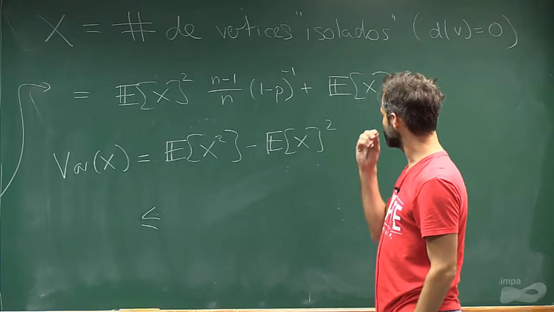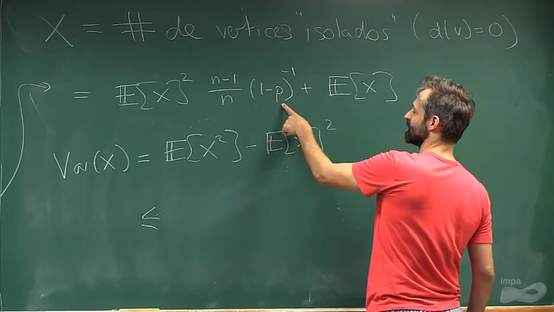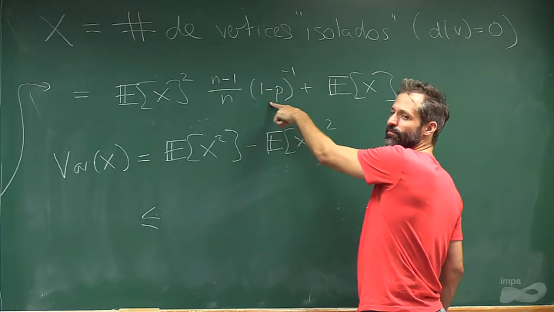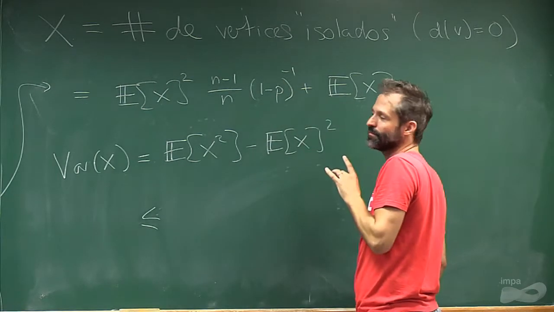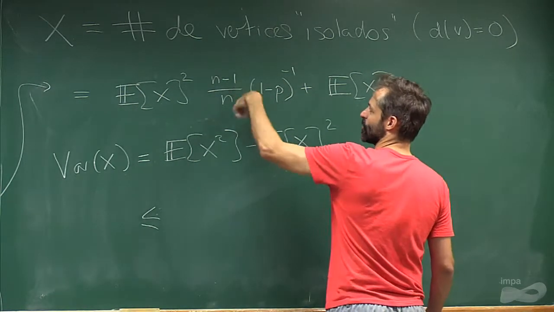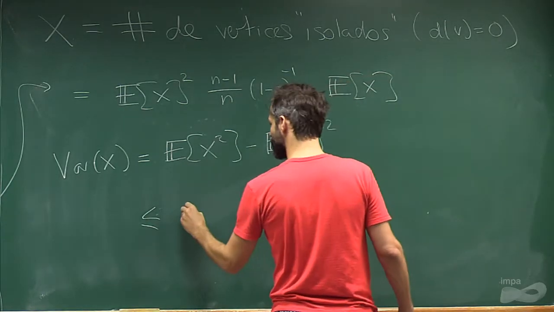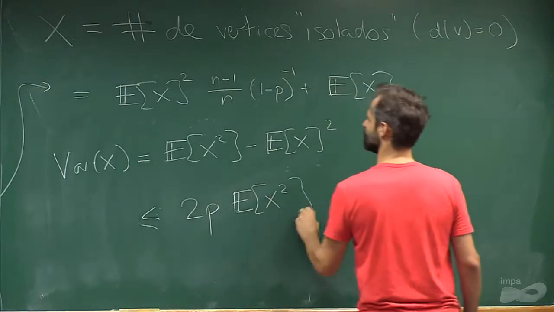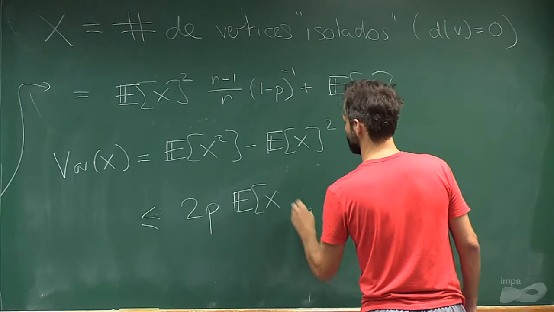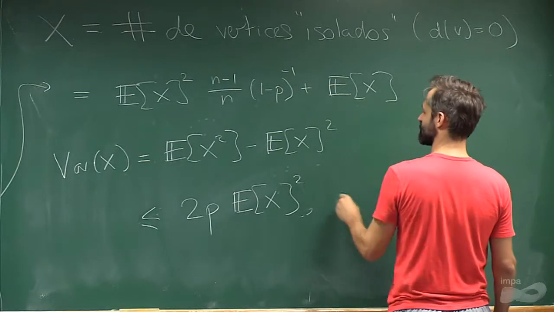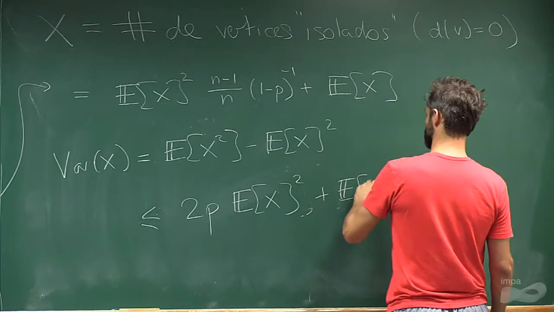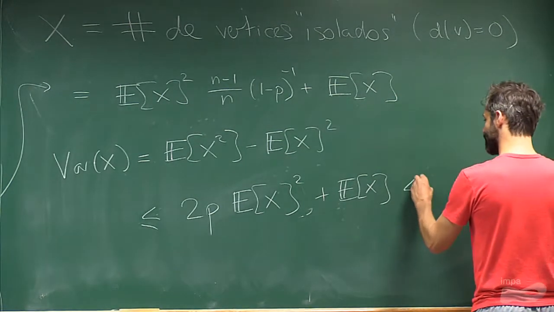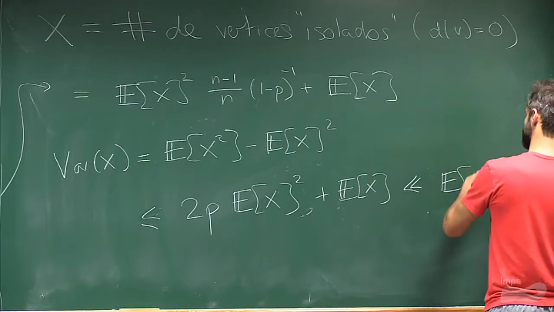Thank you. Right. This is basically, so this is like 1 plus p, right? It's at most 1 plus 2p. Okay, and that's a bit less, that's less than 1, so we can ignore it. So it's at most, let's say, 2p times the expected value of x squared. Actually, it's way better. Plus the expected value of x. And this is much, much smaller than the expected value of x squared.